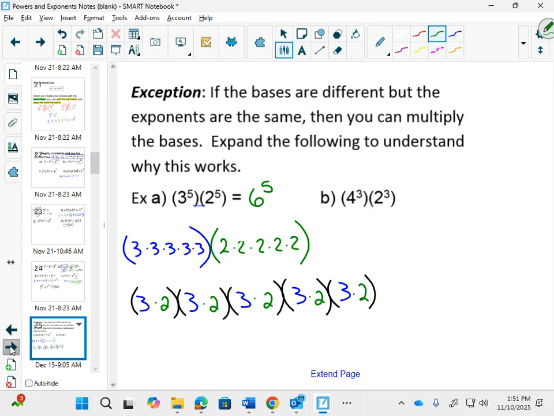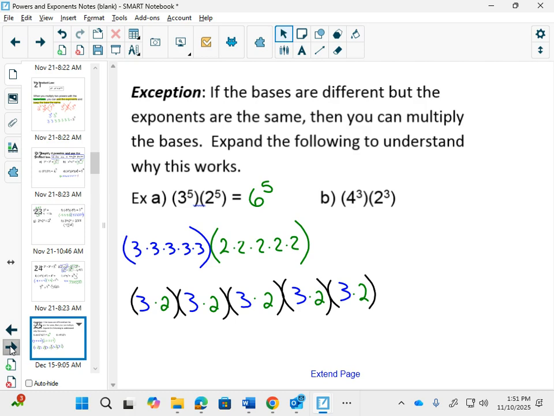Can you explain it? Okay. So I used my 3 to the 5, that's in blue, 5 threes all multiplied together. 2 to the 5, that's in green, 5 twos all multiplied together. If multiplying doesn't matter the order, I rearrange them so I put every 3 with 1 2. 1 3, 1 2, 1 3, 1 2, and so on.